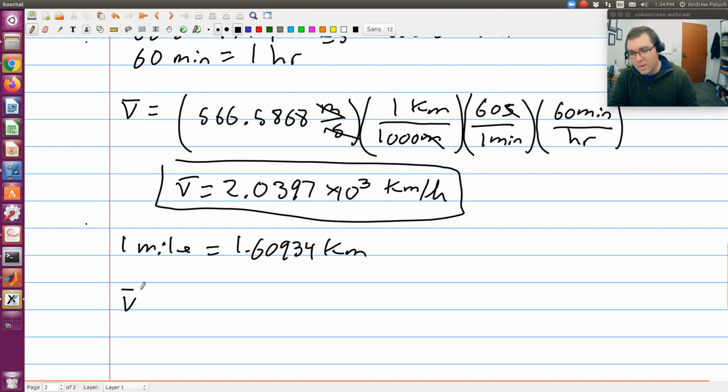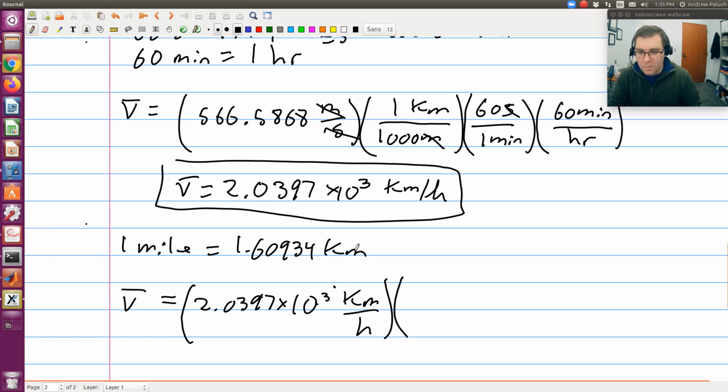Okay, so if I want my velocity in miles per hour, I'll take my velocity in kilometers per hour, 2.0397 times 10 to the 3, and that is kilometers per hour. And I will multiply by my conversion factor, so I have 1 mile per 1.60934 kilometers.